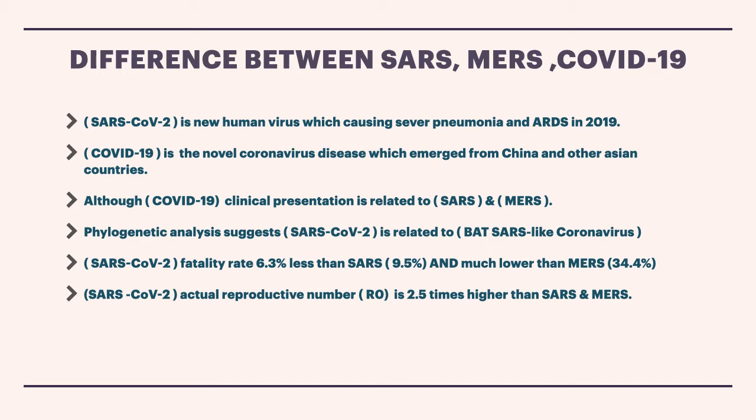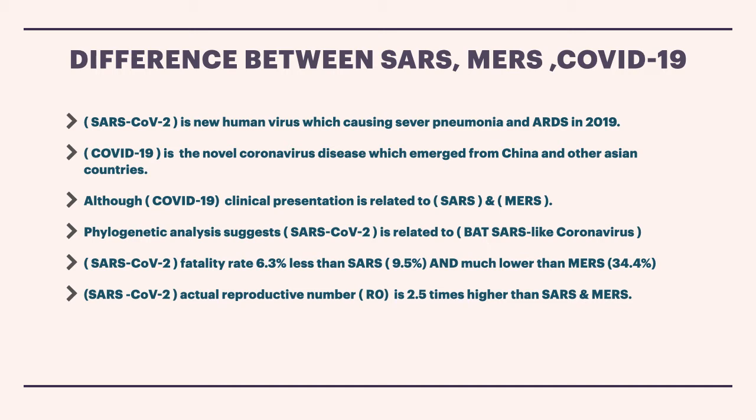Today, actually, the fatality rate is almost 6.3% for SARS coronavirus 2, and it is less than SARS, which was 9.5%, so it is almost approaching SARS now, and it's much lower than MERS, which is 34.4%. It is very important to understand the actual reproductive number.